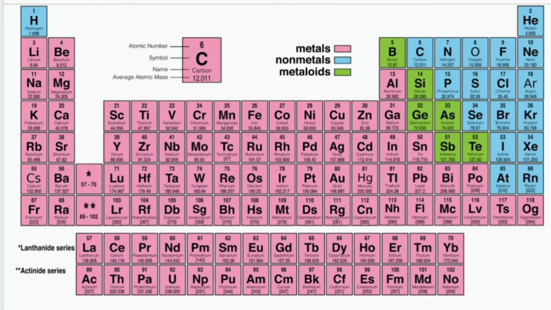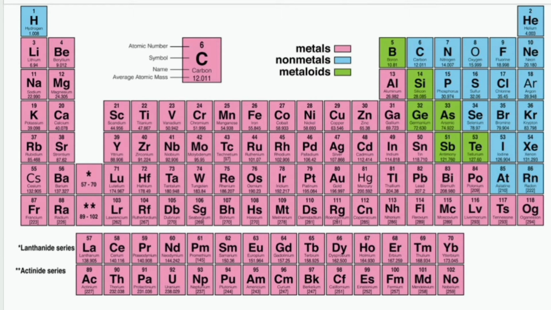Now look at this periodic table. These elements are classified into different categories. First of all, you must have seen this colorful chart. Here, what do the pink colored elements represent? The pink colored elements are metals. What about the blue color? Yes, the blue ones are non-metals.